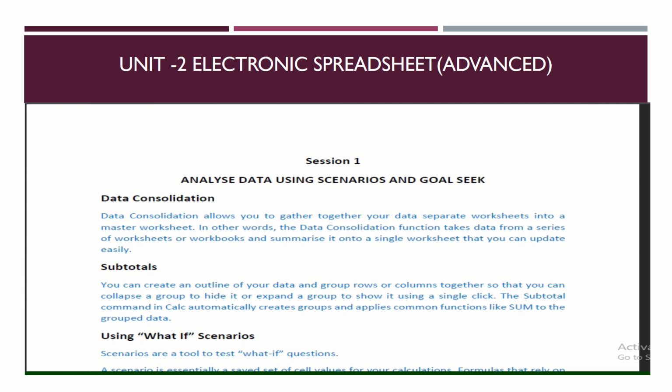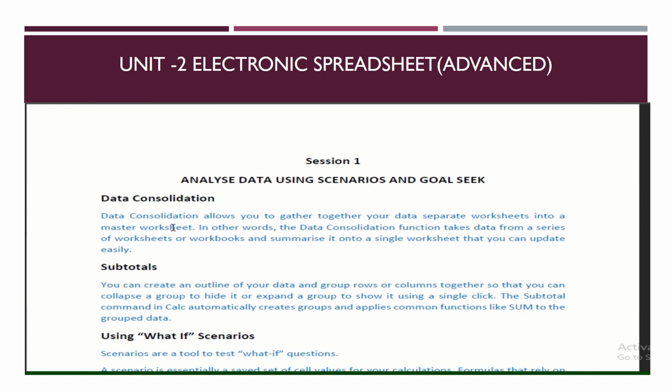So, the very first topic is data consolidation. Data consolidation allows you to gather together your data from separate worksheets into a master worksheet. That means you can gather the data from separate worksheets into one worksheet, which is known as the master worksheet.